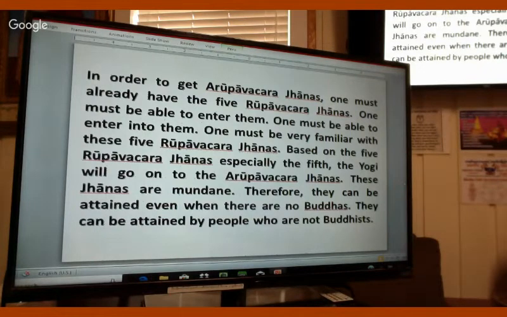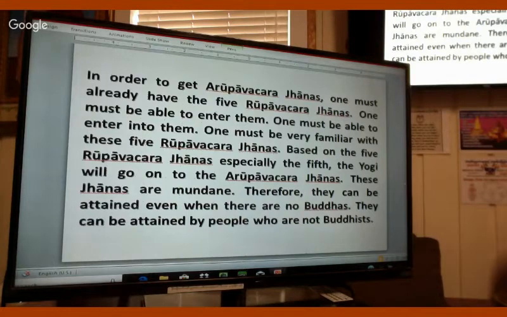So we call it Lokiya Chitta, mundane consciousness. These Arupa jhana are also not very difficult to get, because at any time you can get Arupa jhana, even though there is no teaching of the Buddha. There is a kind of practice to attain the Arupa jhana.